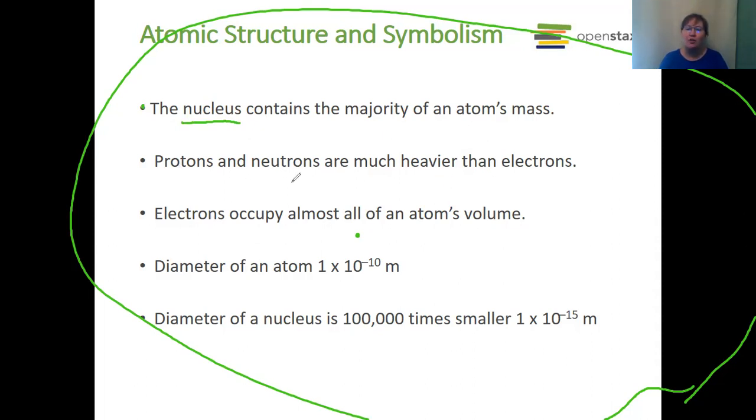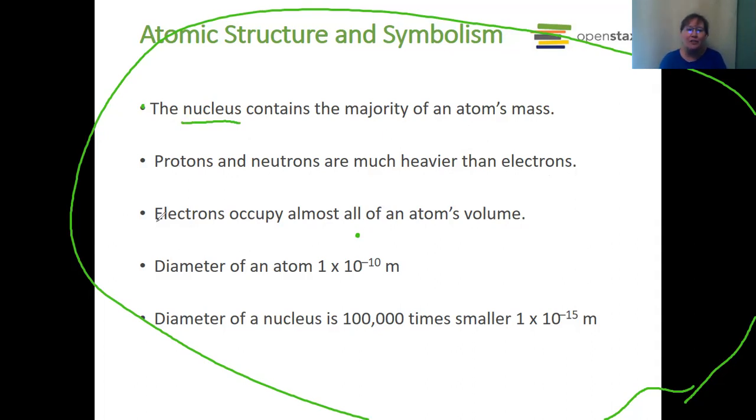Protons and neutrons are much heavier than electrons by over 1,000 times. The electrons, however, occupy almost all of an atom's volume. So all of the mass is in the center, and those are the protons and the neutrons, and around that is our electron cloud. The electrons: no mass, all of the volume, so it's reversed like that.